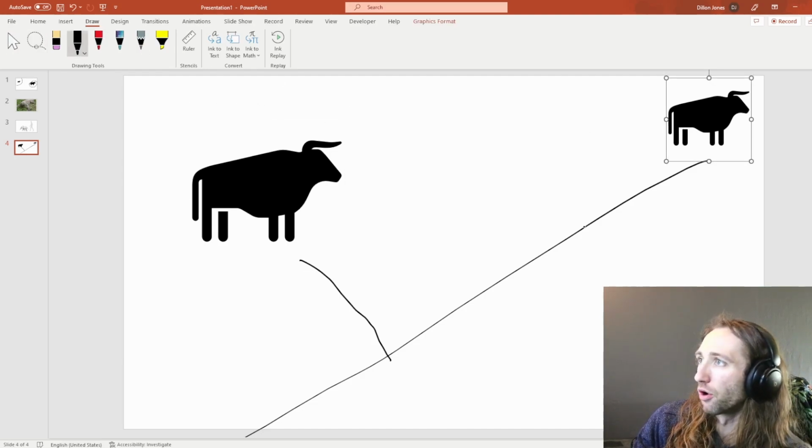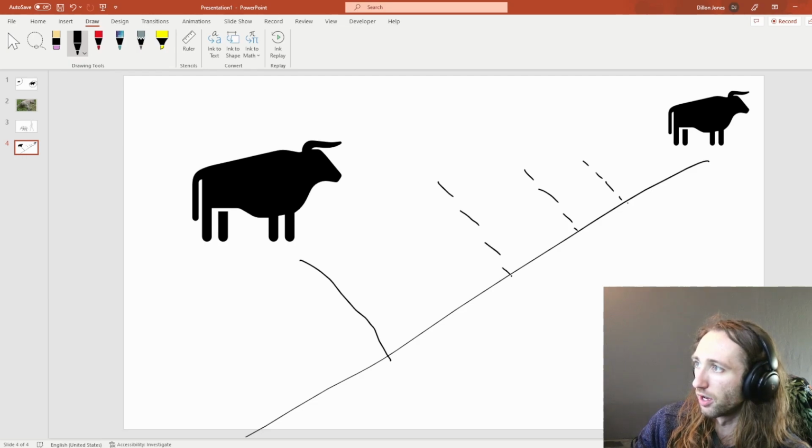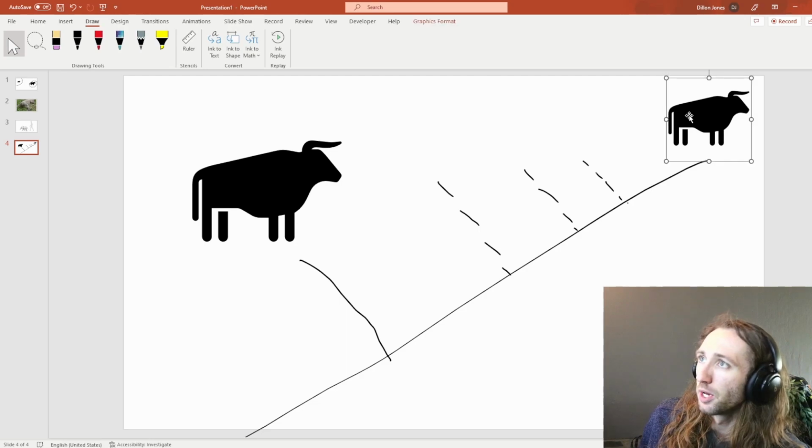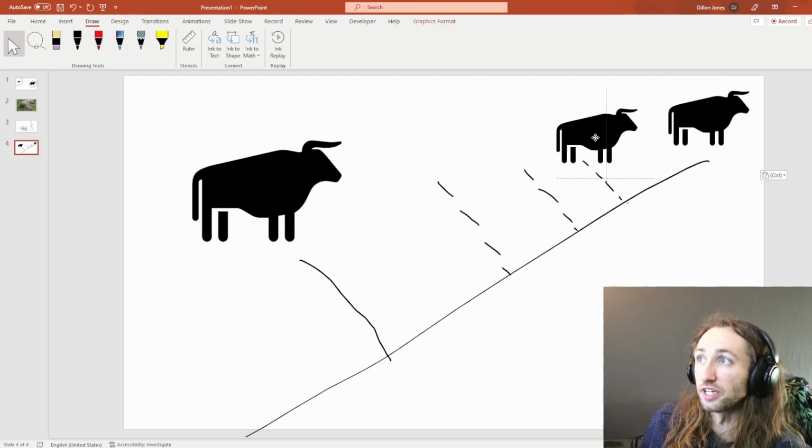But let's now draw in some extinct species, right? And we're going to signify extinct taxa with these lines, okay? Again, we're not going to cover too much about how to read a phylogeny, so I'll just do it here. But now we can fill in the gaps with extinct species.